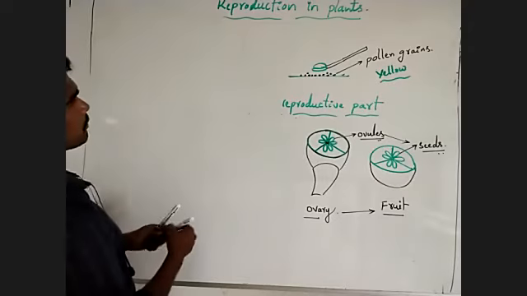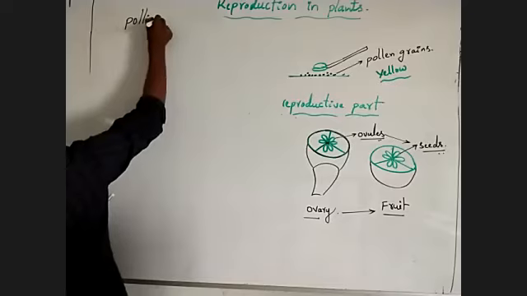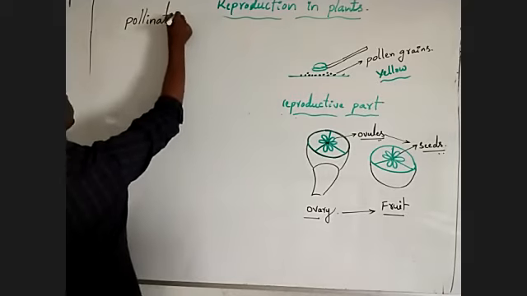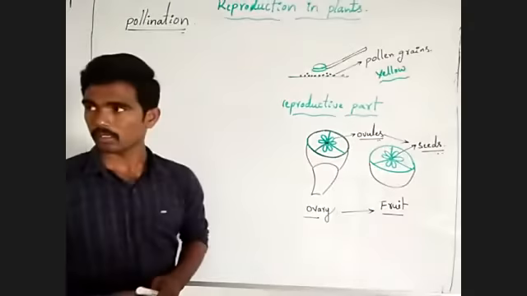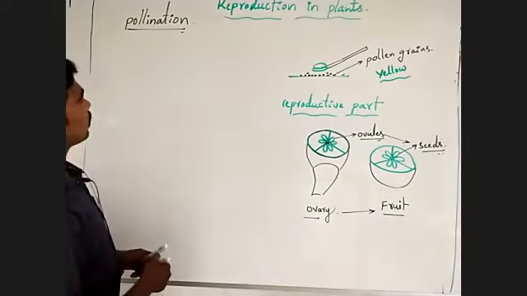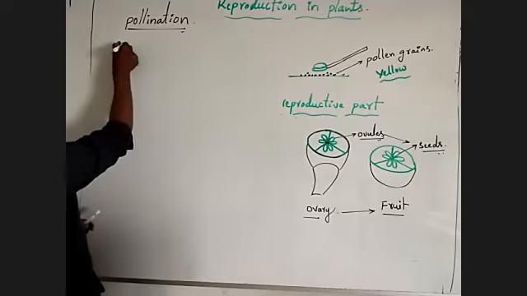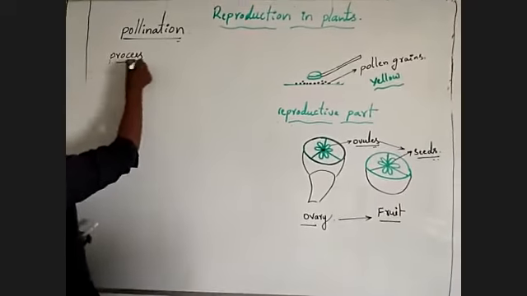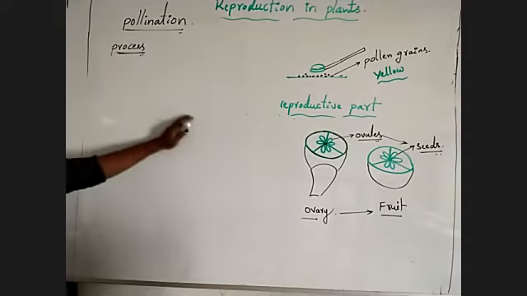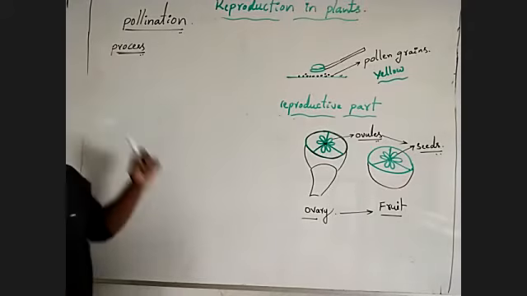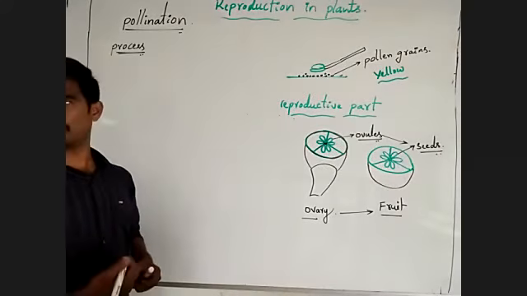Next, another important process, pollination. Remember, another important process, that is pollination. What is pollination? It is the process of transfer of pollen grains from anther to stigma.